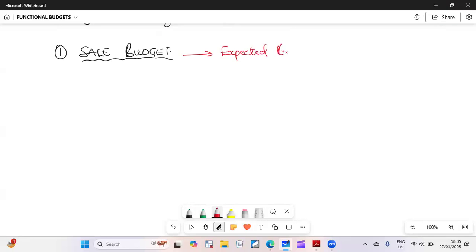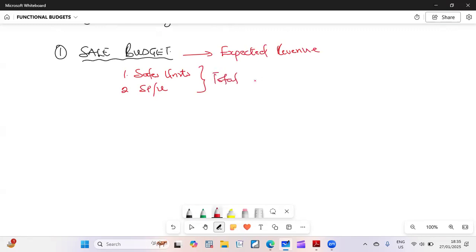So the only thing we need in the sales budget is how many units should we produce and how much will we get from that. So the elements we need are the sales units, the units to sell. Then we will need the selling price per unit. And when we get these two together, we will get our total revenue.